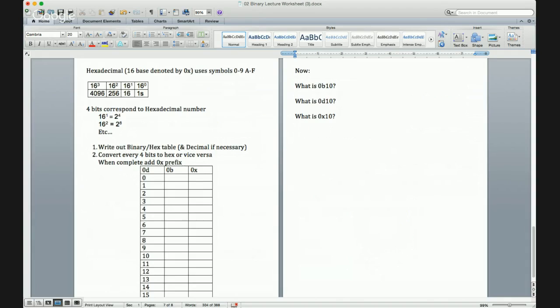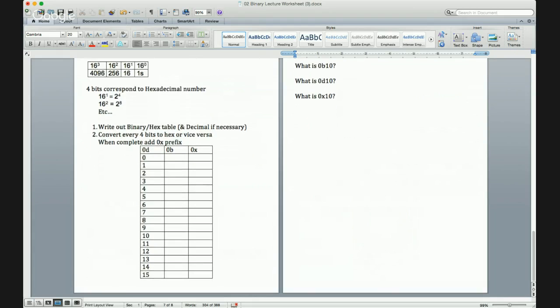What we're going to see is there is a natural correspondence between binary and hexadecimal, where every 4 binary bits correspond to 1 hexadecimal digit. So to convert between binary and hex, and you'll almost never go straight from decimal to hexadecimal or hexadecimal to decimal.